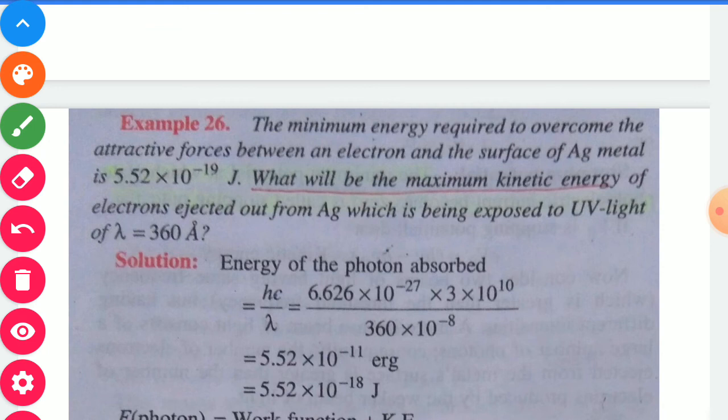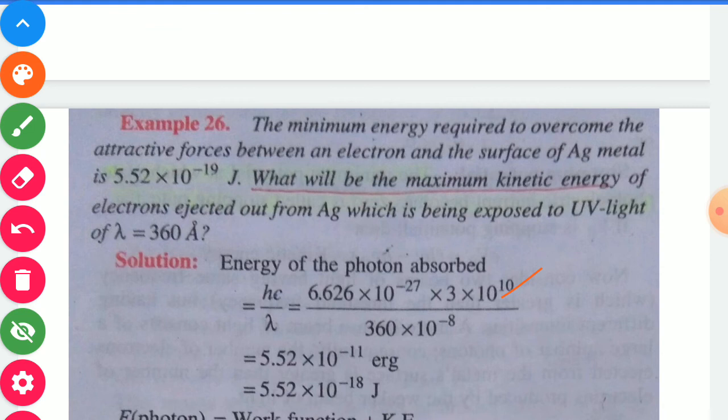So here hc upon λ: h, the Planck constant, is 6.626 × 10^-27 erg second. c, the velocity of light, is 3 × 10^8 meter per second, but here CGS is taken, therefore it is 3 × 10^10 centimeter per second.